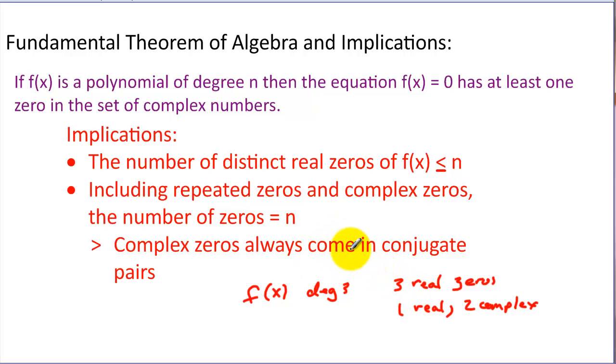By this fact here, it would be impossible to have 2 real zeros and 1 complex zero. It would also be impossible to have no real zeros and to have 3 complex zeros, because the complex ones always come as even numbers.